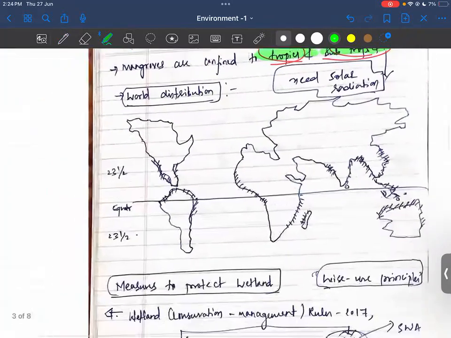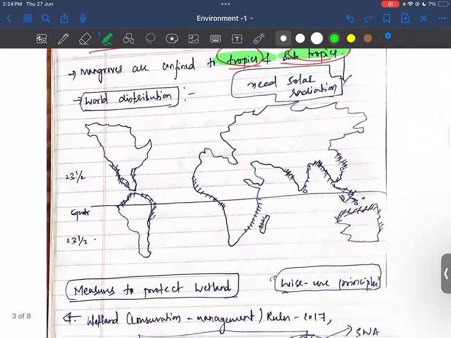Why? Because just see the distribution of mangroves. This is the Tropic of Cancer, and this is the Tropic of Capricorn. This is just imaginary.